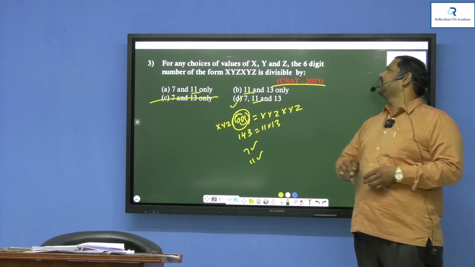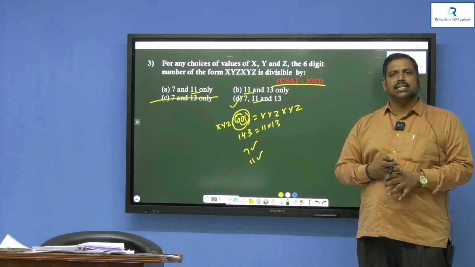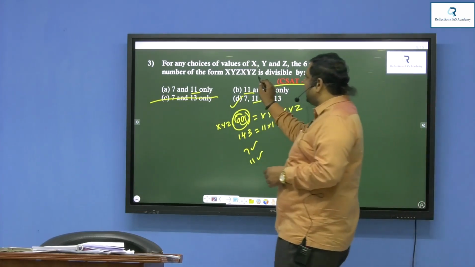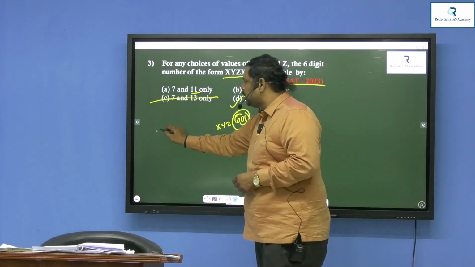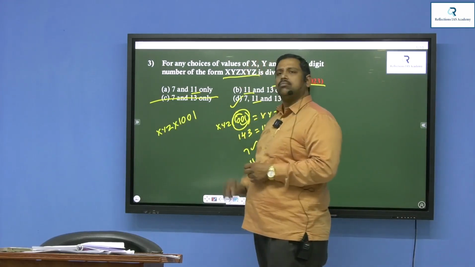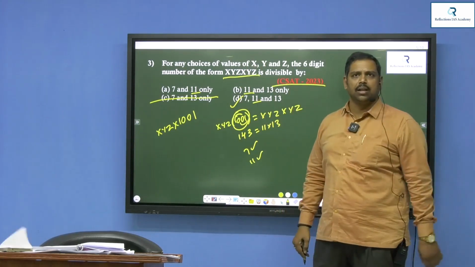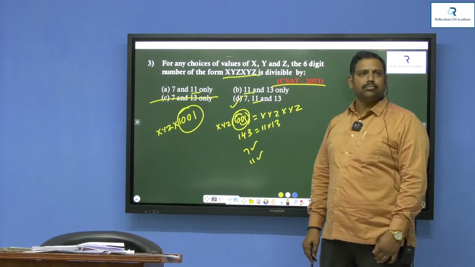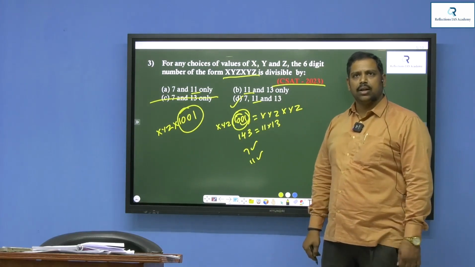This is a CSAT 2023 question. Is it clear? The idea you have to get is that xyzxyz means xyz multiplied by 1001, which we have already discussed earlier. If you get this idea, automatically the game is over. Can we go for the next one?